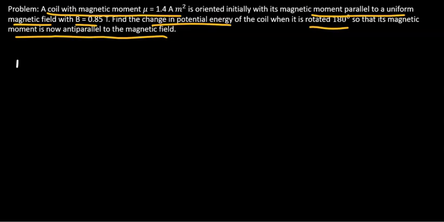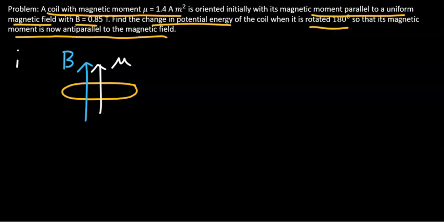So let's look at the initial and the final configuration of that coil. Initially, that is the coil, the magnetic moment is like that, and the magnetic field is also like that. So they are parallel to each other.